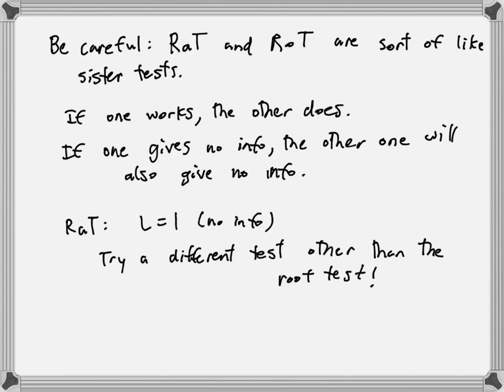Because if you try the root test, you're wasting your time. It's also going to give you no info. The L that you get will also be 1. So this is just my way of saying don't waste your time trying things that you know in advance are not going to work. If the ratio test doesn't work, then neither will the root test. Okay?